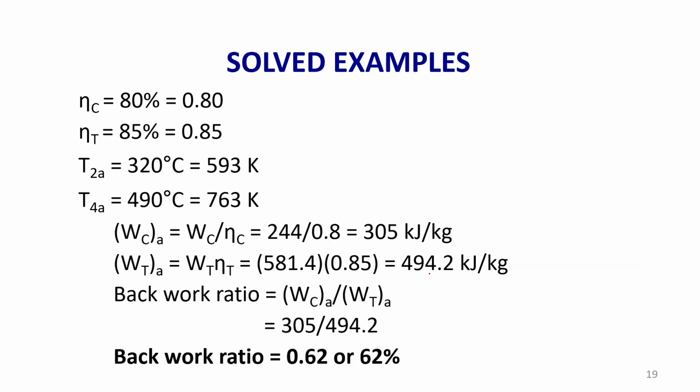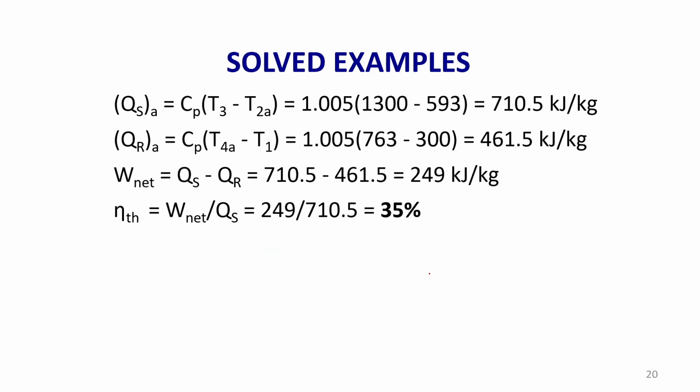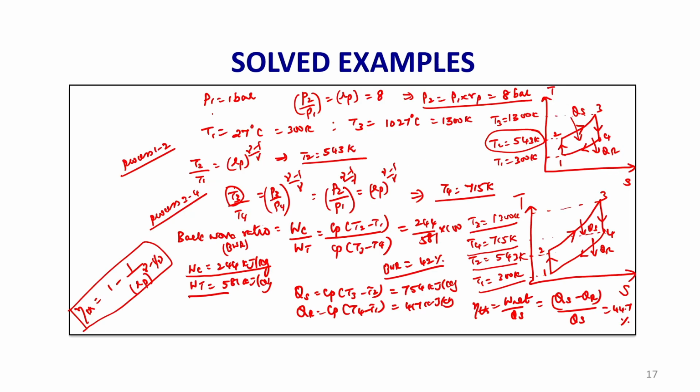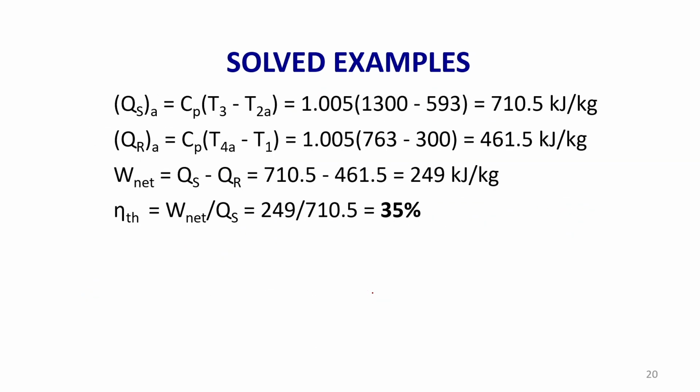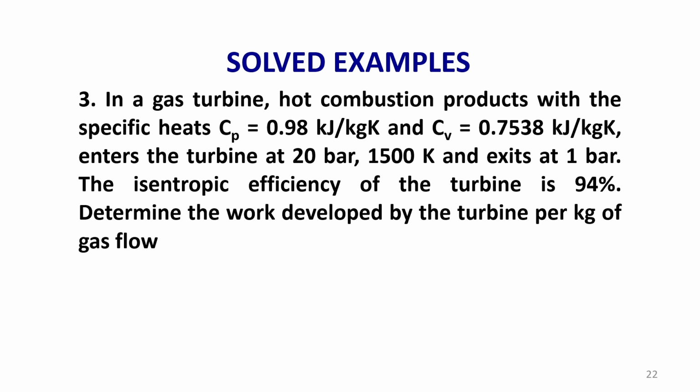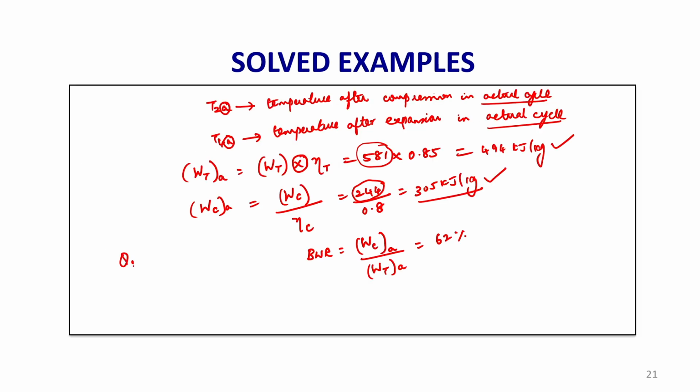Okay. So this is the back work ratio, and similarly you can find the actual heat supplied and actual heat rejected. For the ideal condition we are using T3 minus T2, but for the actual case we have to use T3 minus T2A. So heat supplied actual is equal to Cp into (T3 minus T2A).